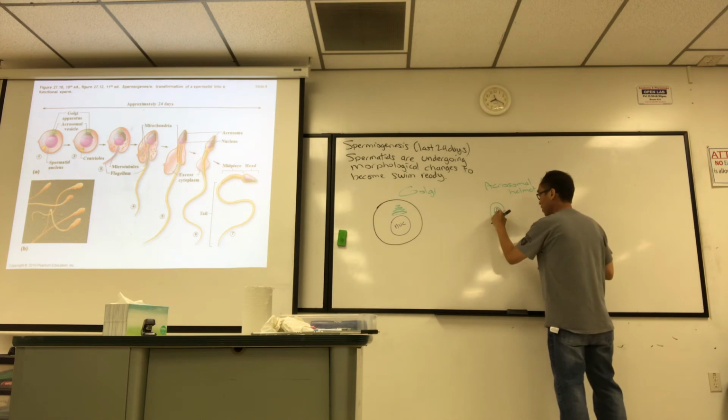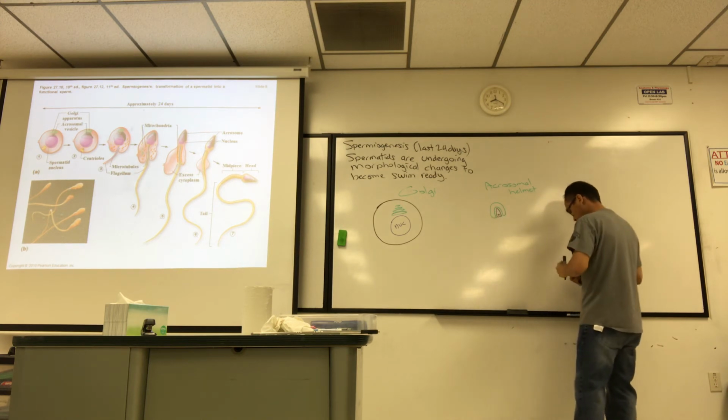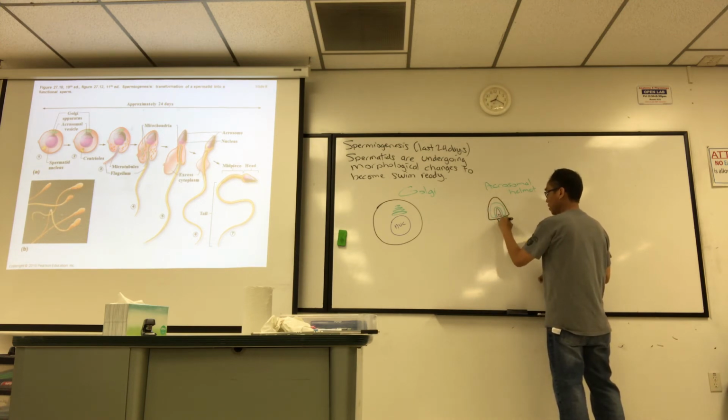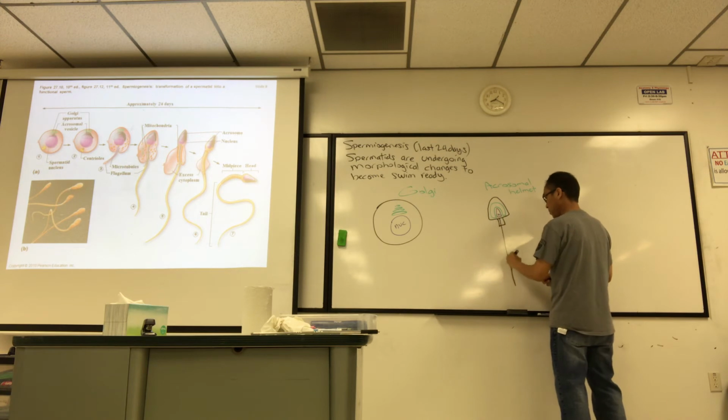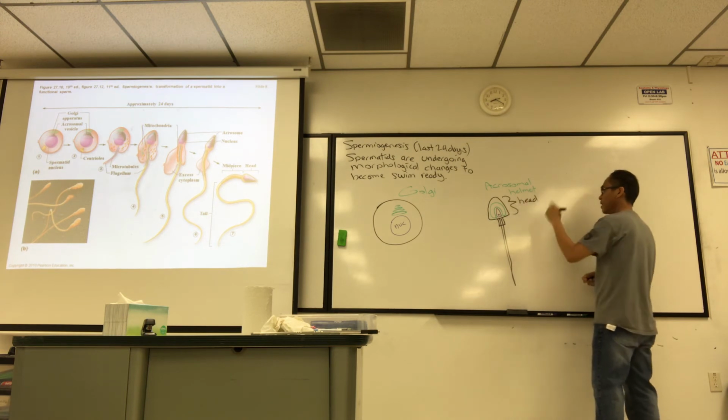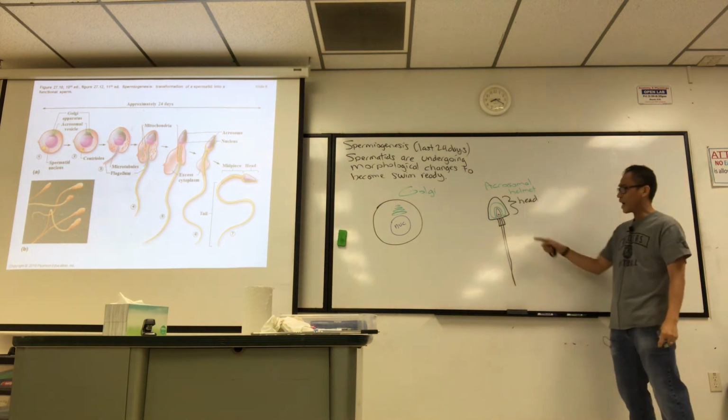I'll just put N for haploid DNA, and around that you have cell membrane. And then you have mid-piece tail. So the head is the important part. It's got that acrosomal helmet.